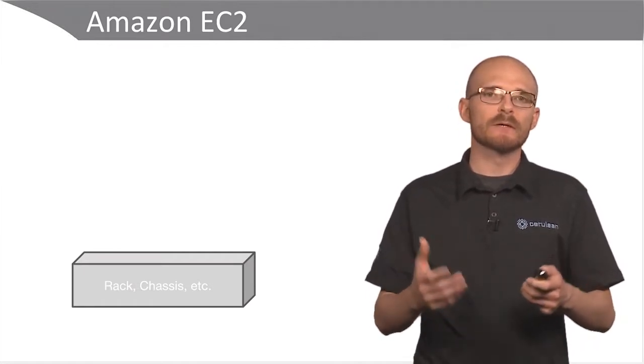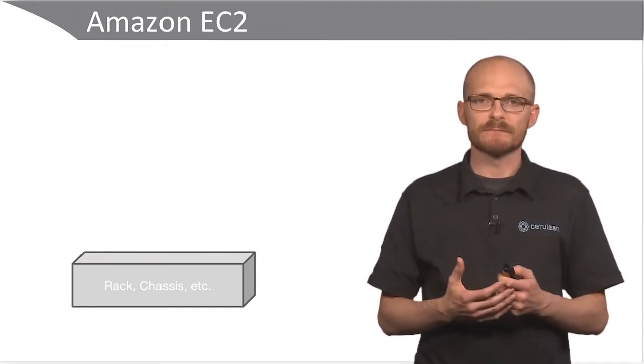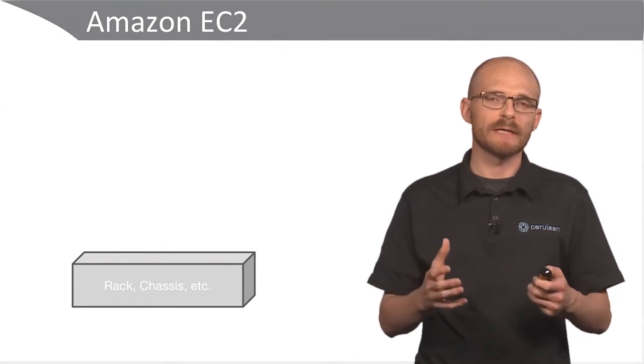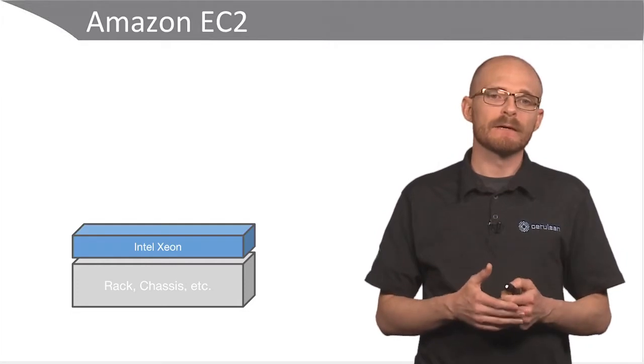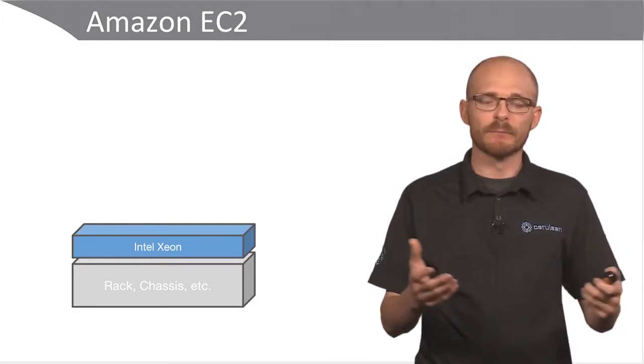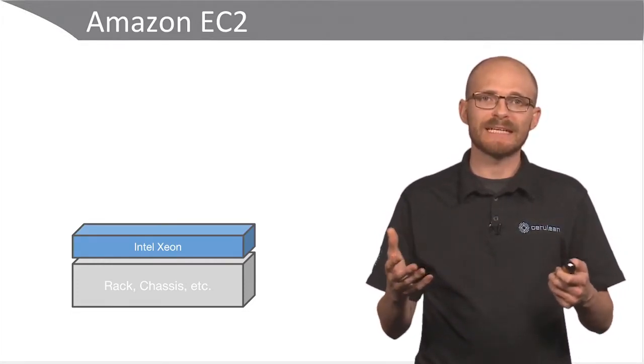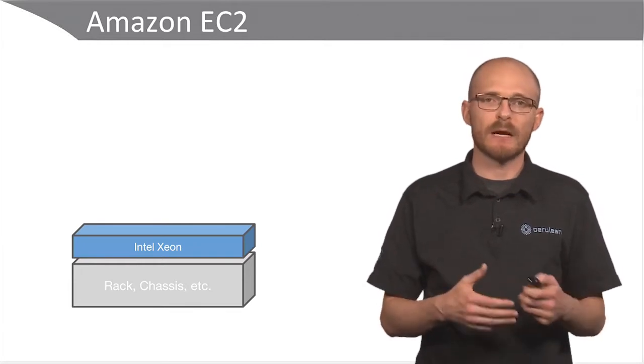Now, when we take a look at the physical components, at all that goes into actually running a machine, there, of course, is the rack, the chassis, the switch, and all of the power and the cooling. Then, of course, we have the CPU, the motherboard, and all of the physical components inside that chassis, the power supply and whatnot.